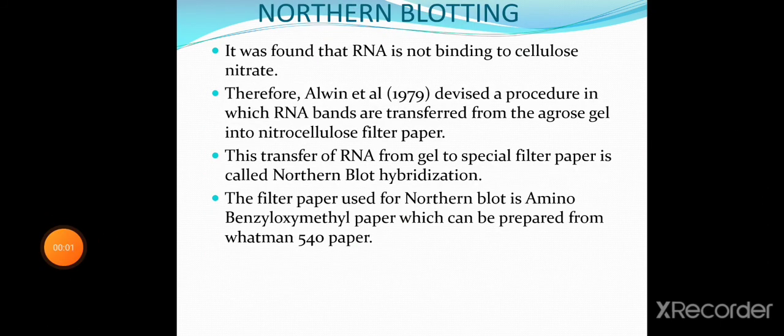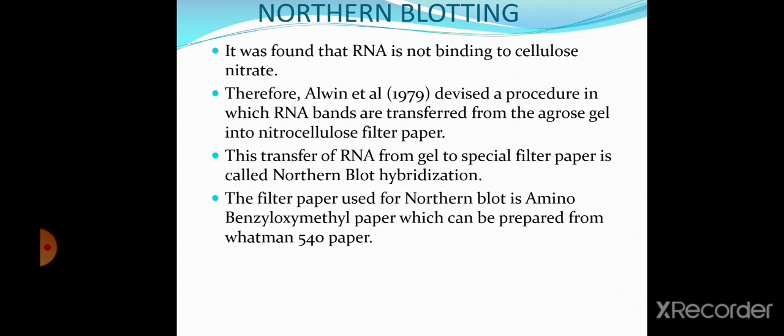Northern blotting. What is northern blotting? Northern blotting is the transfer of RNA to nitrocellulose membrane. It was found that RNA does not bind to cellulose nitrate. Therefore, Alwine et al. in 1979 devised a procedure in which RNA bands are transferred from agarose gel to nitrocellulose filter paper.